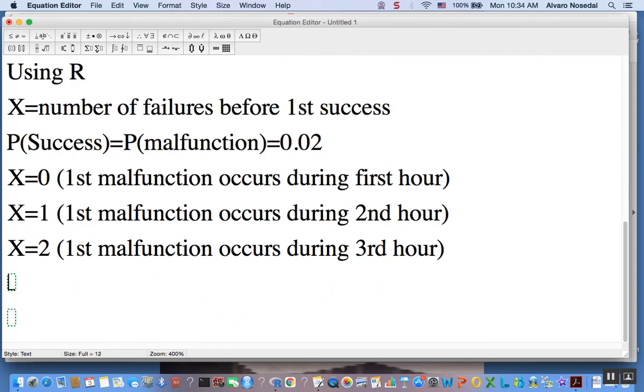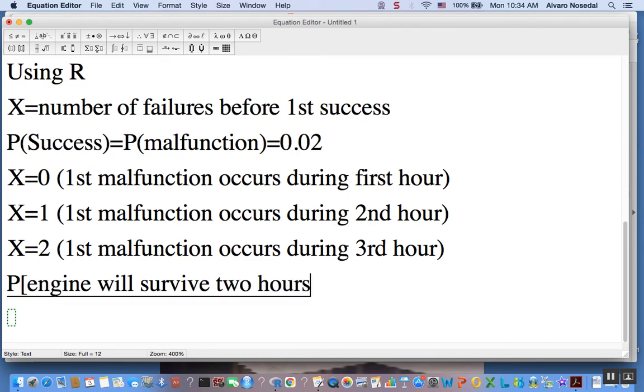So the probability that the engine will survive 2 hours in terms of x would be the probability that x is greater or equal to 2. Make sense? Can you see it?